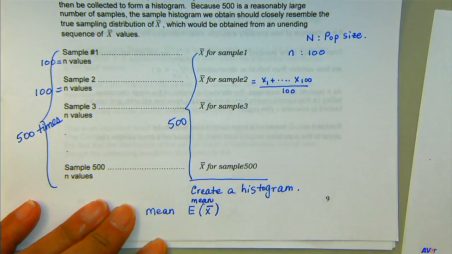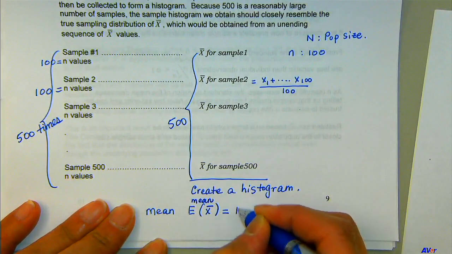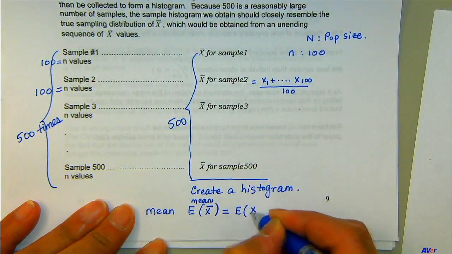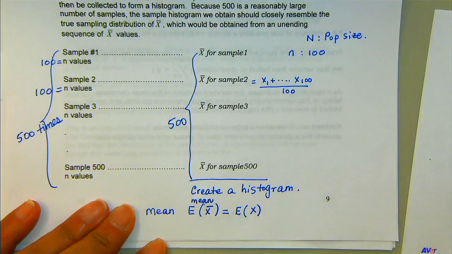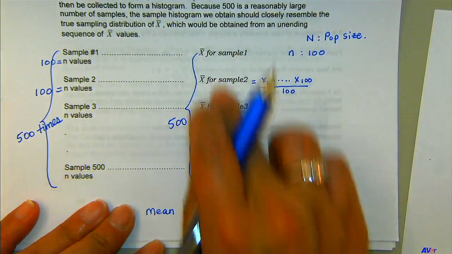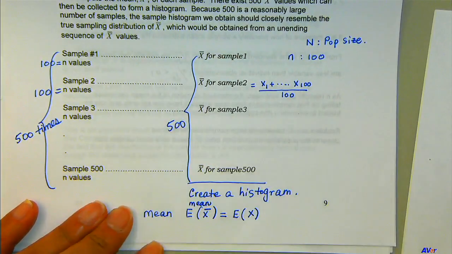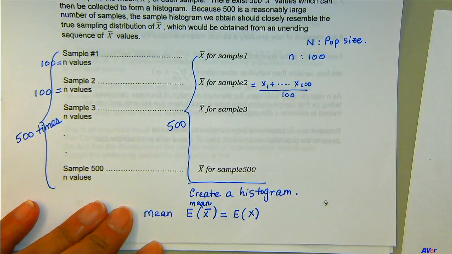So E of X bar is exactly the same as E of X. What is X? X is the population of all the trout in the Delaware. So I'm claiming that when I take the mean of this histogram of the means, don't forget, X bars are the means, I end up with exactly the same value as the average of all the infinite trout in the Delaware.